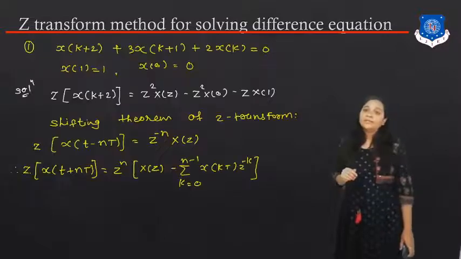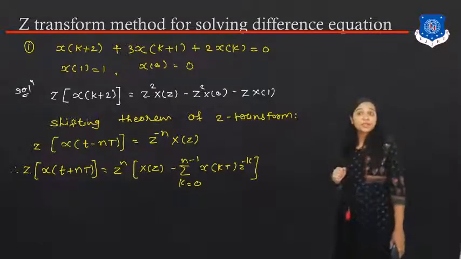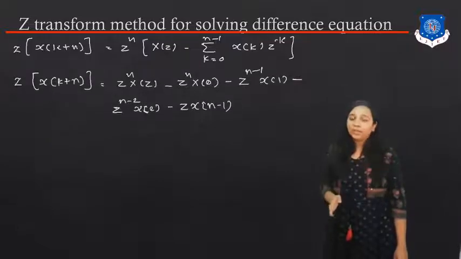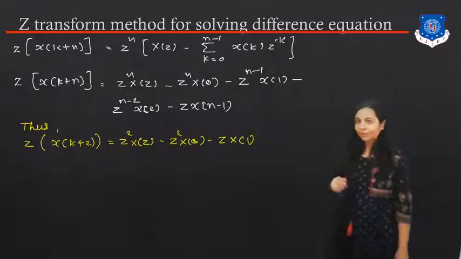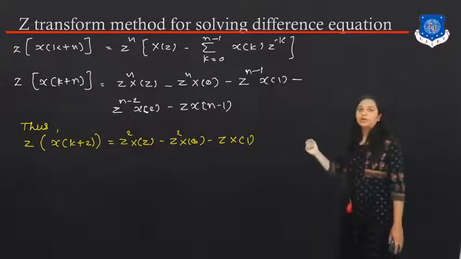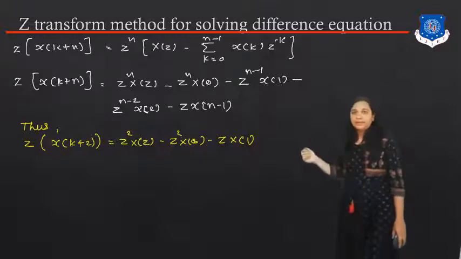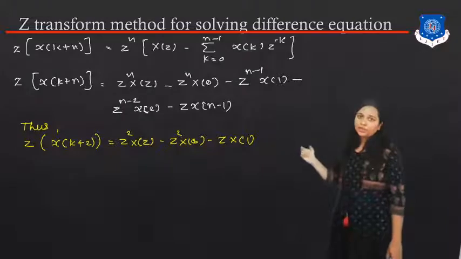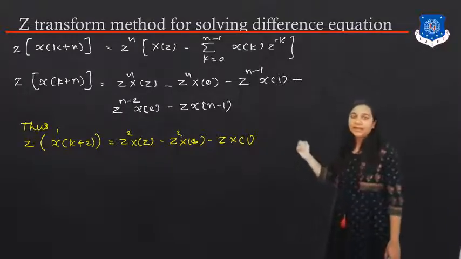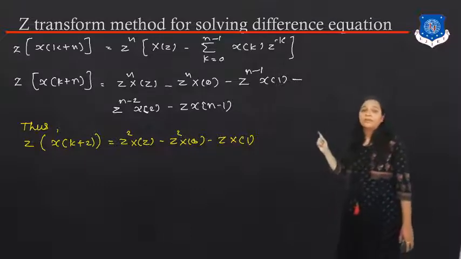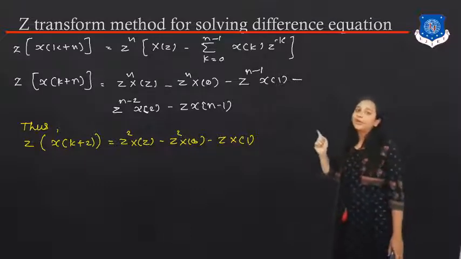Now in our example they have given x of k plus 2. So simply we can put here n replaced with 2. So here you can see that Z of x of k plus 2 is equal to z raised to n, that is z square x of z minus z square x of 0 minus, here z raised to n minus 1, that is equal to z raised to 2 minus 1.